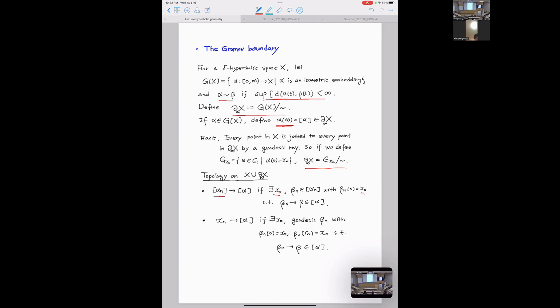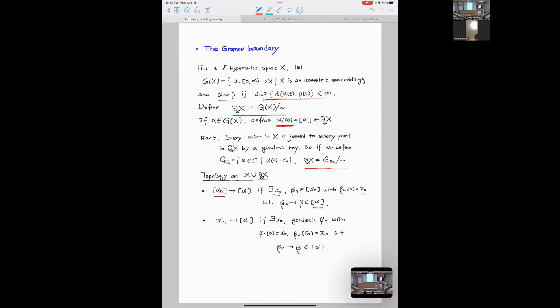Then the beta n converges to beta, the geodesic ray representing the equivalence class of alpha. Okay. So this gives some topology on the group boundary.